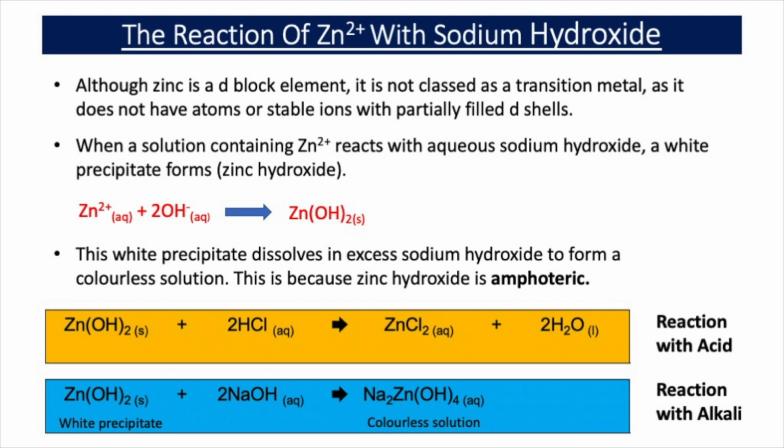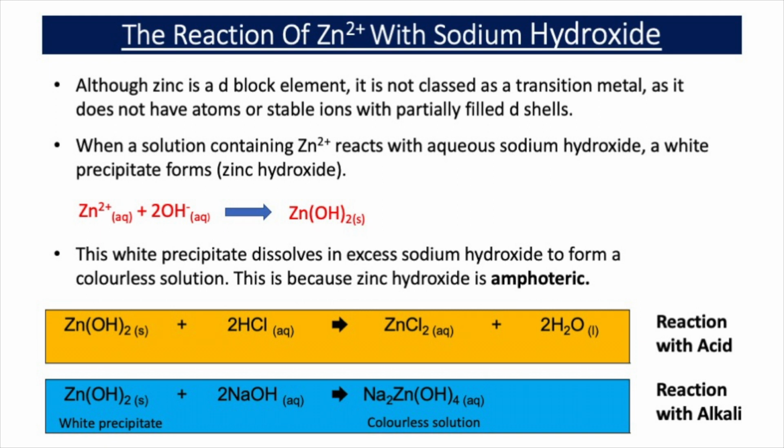So with acid, I could write the following equation: Zn(OH)2 + 2HCl, if I use hydrochloric acid as my example of an acid, would form ZnCl2, zinc chloride, plus 2H2O. And with alkali, the equation would be Zn(OH)2 + 2NaOH forms Na2Zn(OH)4. And it's this Na2Zn(OH)4 compound that is our colourless solution.